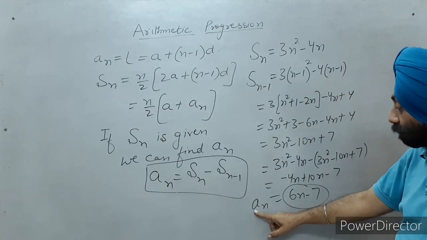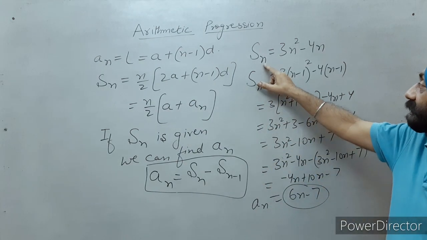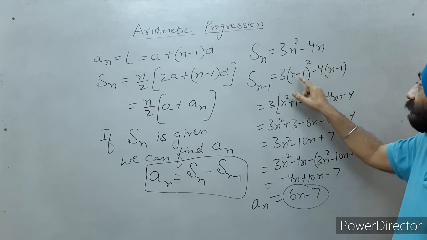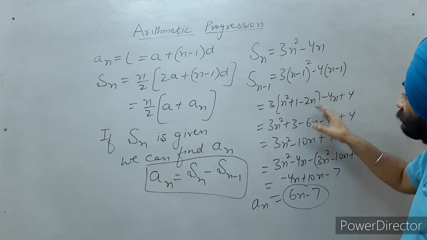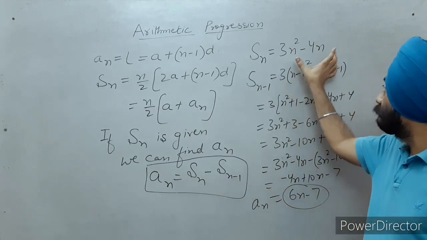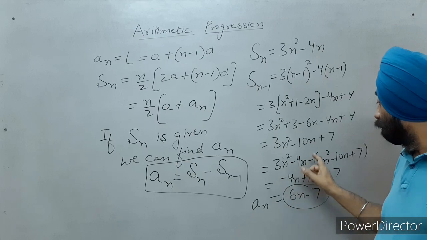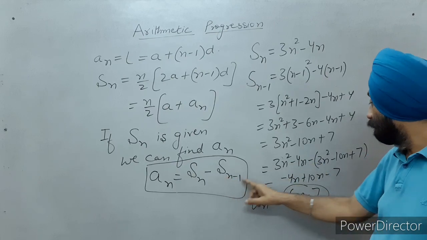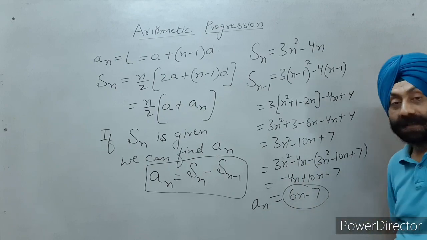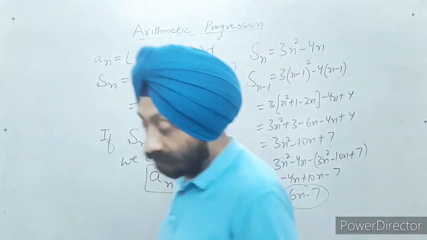How did I get this nth term? Replace n with n minus 1, open the brackets, put the values. Sn was 3n square minus 4n minus Sn minus 1. Just open the brackets and I get the nth term.